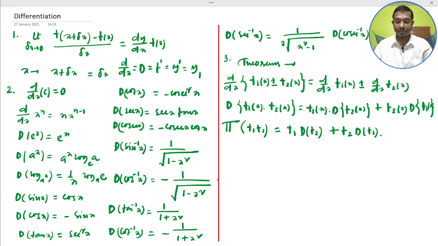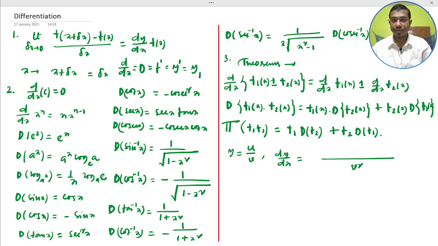Derivative of quotient. Quotient of two functions means the divide. Suppose y equal to u by v. So dy/dx would be denominator square, v denominator fixed, differentiate numerator du/dx, minus numerator fixed u, differentiation of denominator dv/dx.